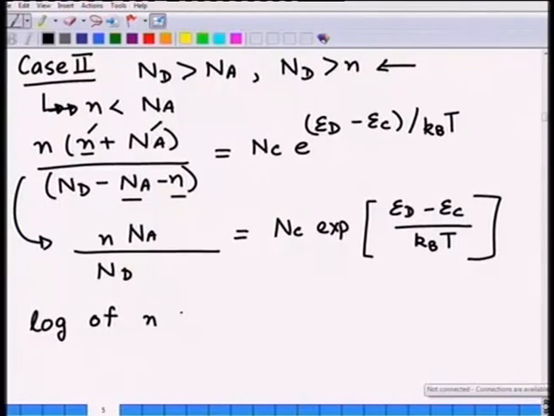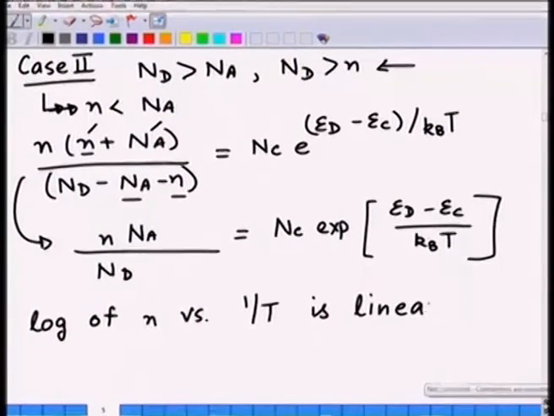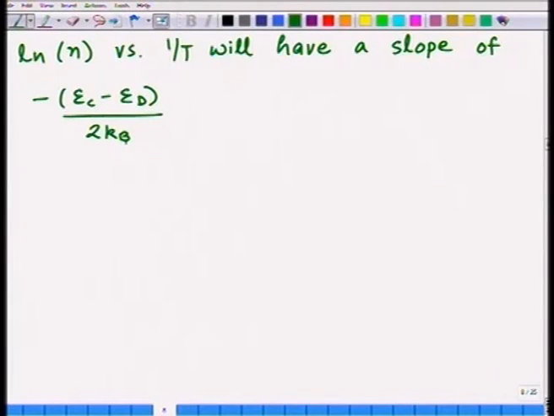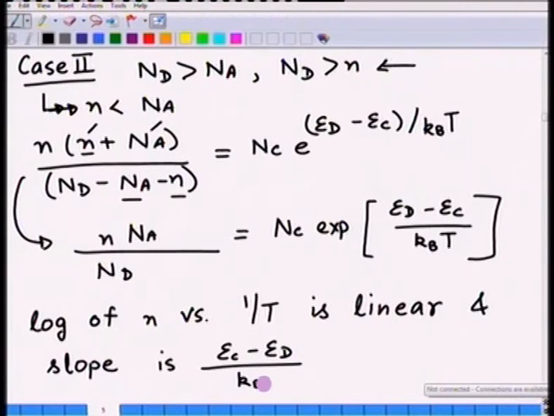Log of N versus 1 by T is linear, and the slope is Ec minus Ed by kB. Earlier we had a slope with 2k. Now this slope has become 1k. The slope has changed. So, this is when N is less than Na.